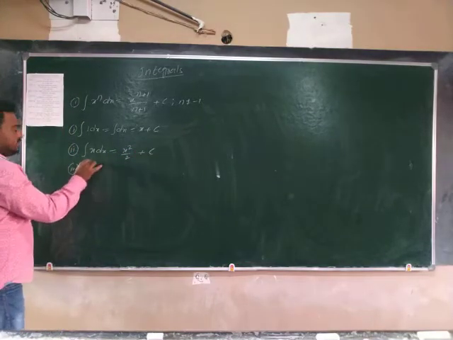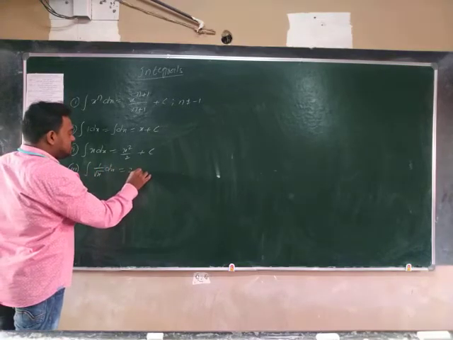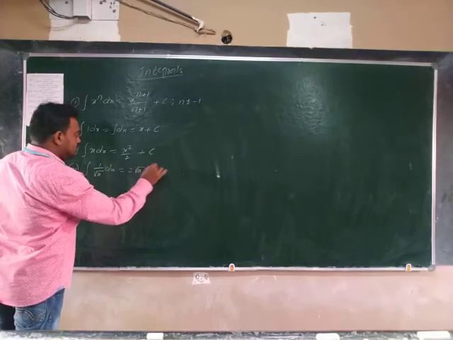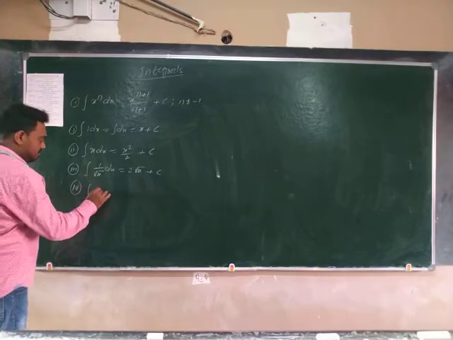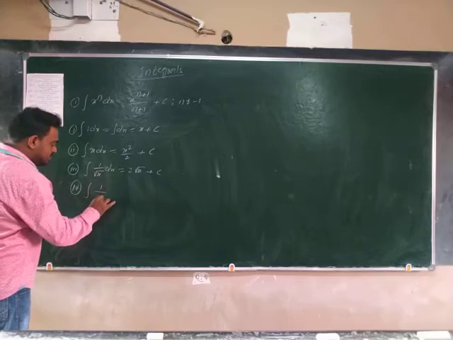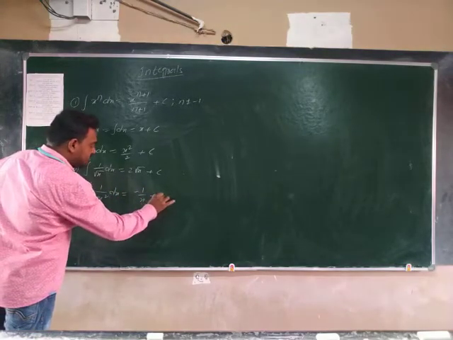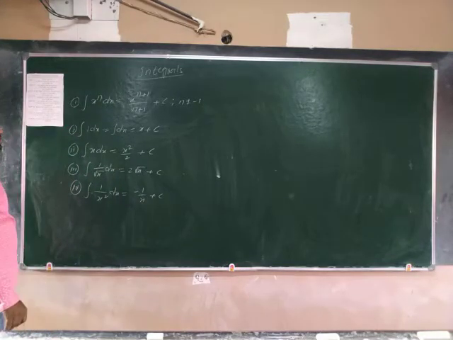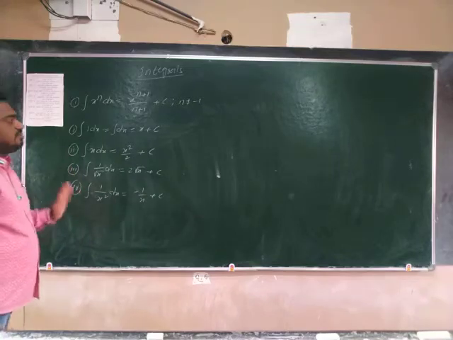Third one, integration of 1 by root x is equal to 2 root x. Integration of 1 by x square dx is equal to minus 1 by x plus c. Most of the time we are using these formulas.